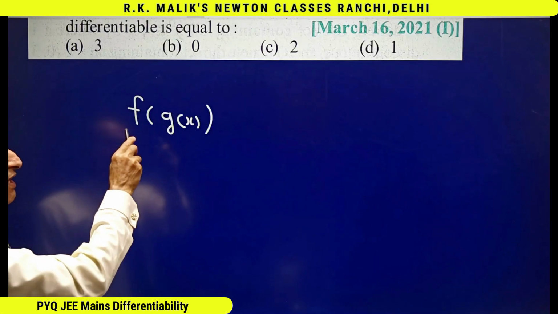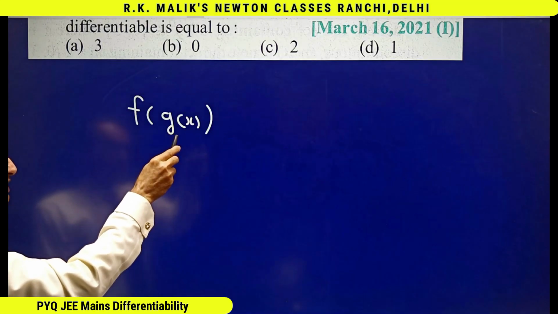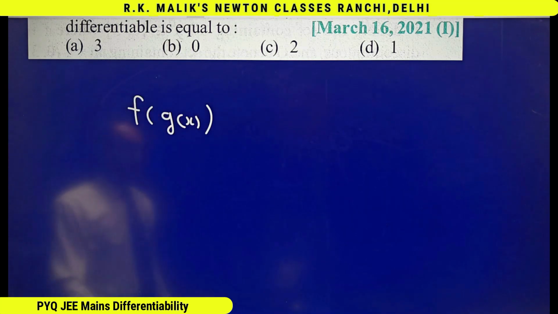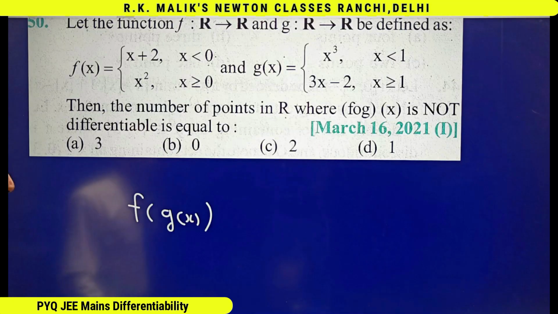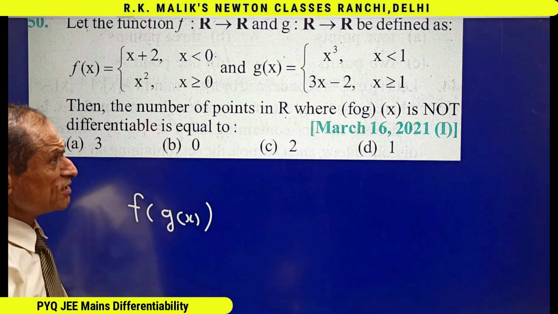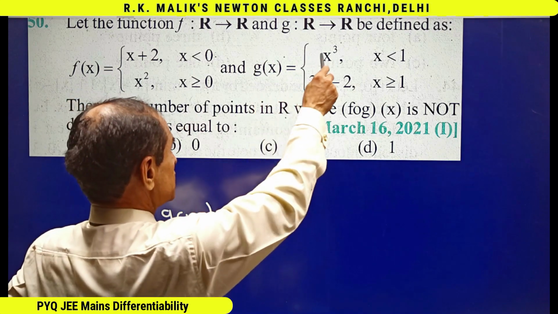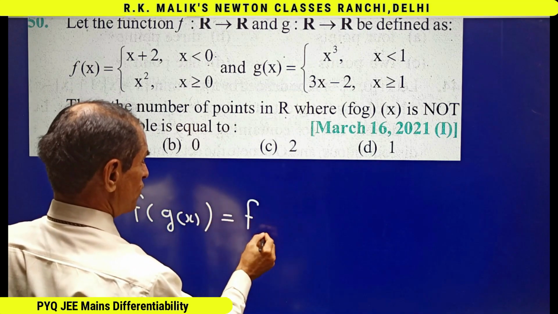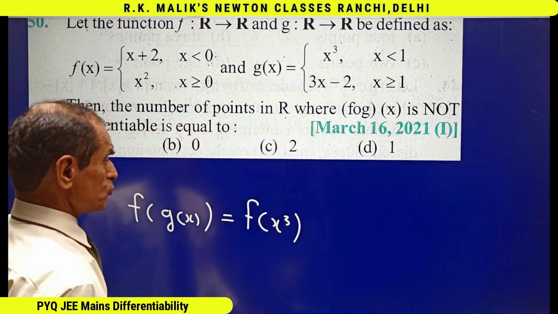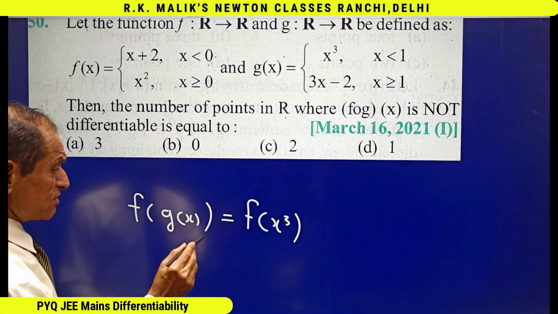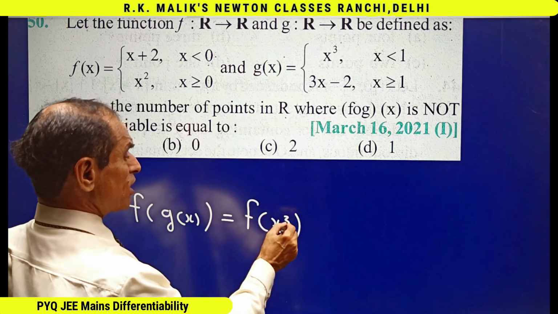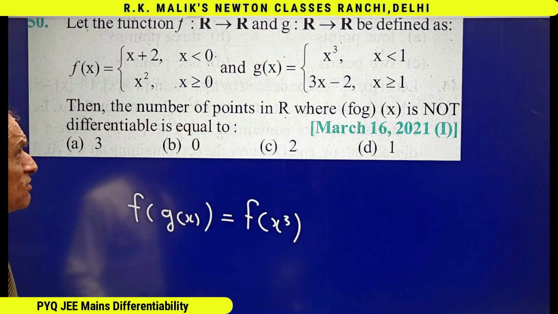To find the right hand derivative of f∘g(x) at x equal to 0, first let us find the value of f∘g(x) where x is slightly greater than 0. When x is slightly greater than 0, the value of g(x) will be given by x cube. Hence we get f of x cube. Note that I'm saying x is slightly greater than 0. Hence x cube will be slightly greater than 0.